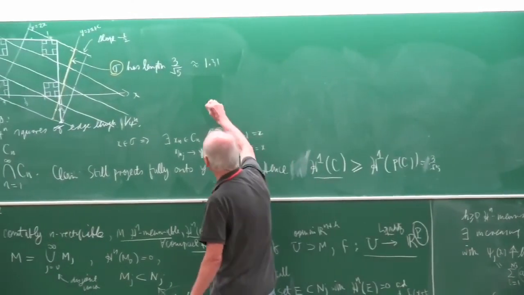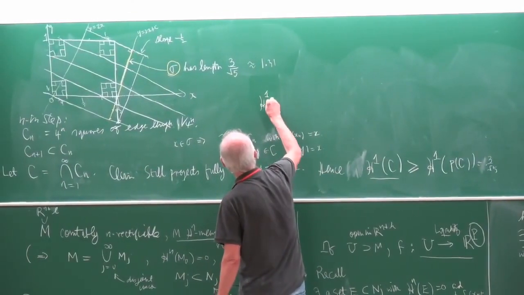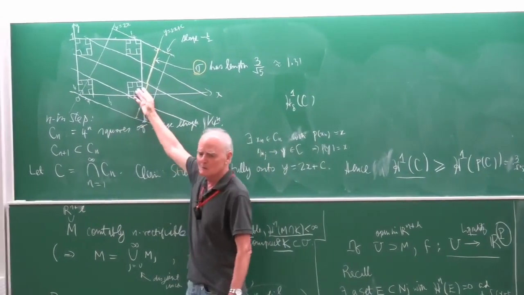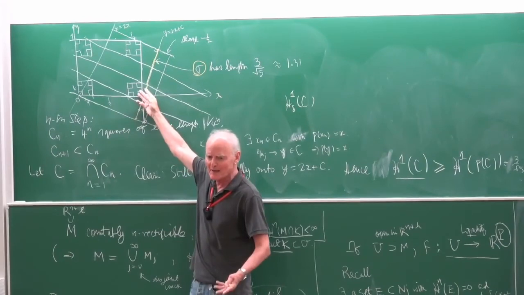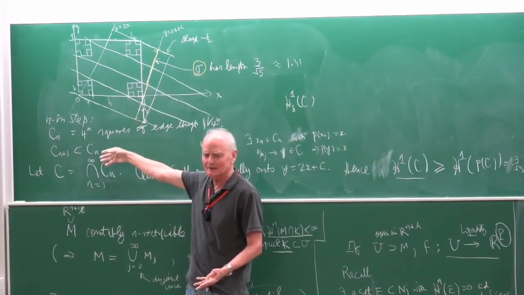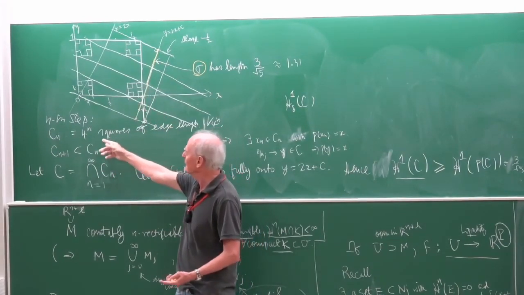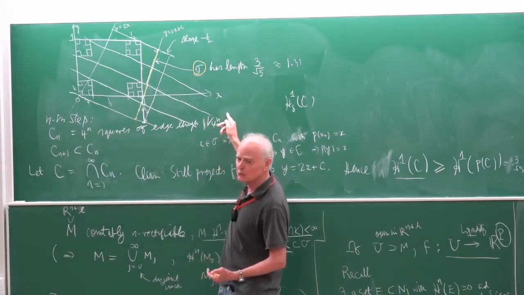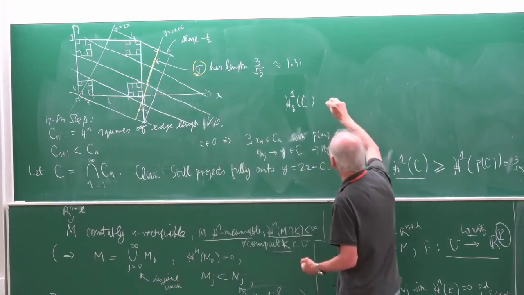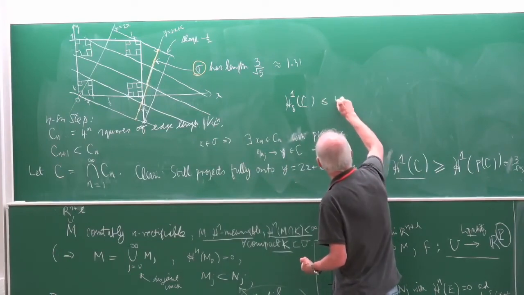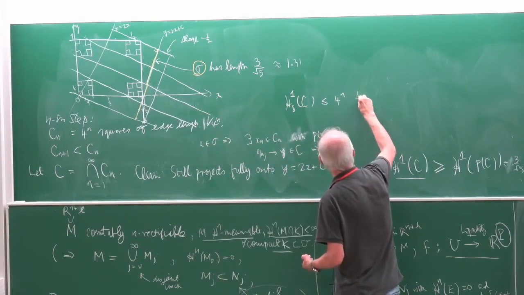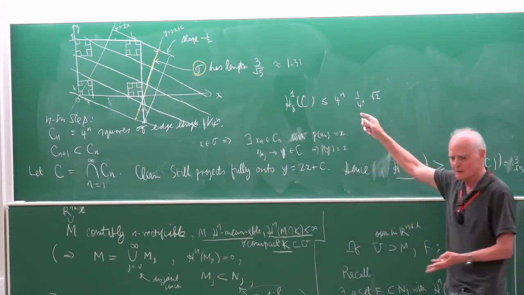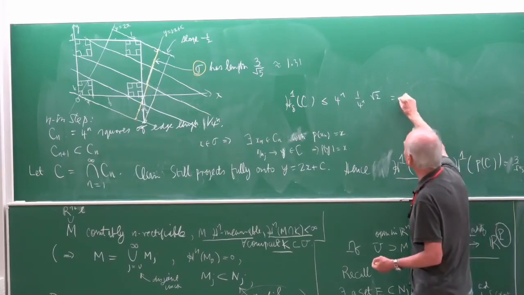But there's also an upper bound, H1 delta of C. You see, we've got a ready-made covering. You don't even have to cook one up. It's already there. The covering is Cn, right? And the diameter of each of these squares is 1 over 4 to the n times square root of 2, right? So H delta C is less than or equal to 4 to the n times 1 over 4 to the n times square root of 2, using the definition of H1 delta, which is root 2.